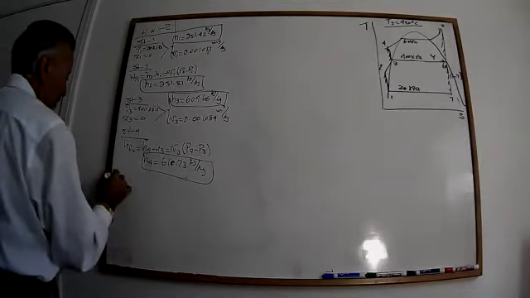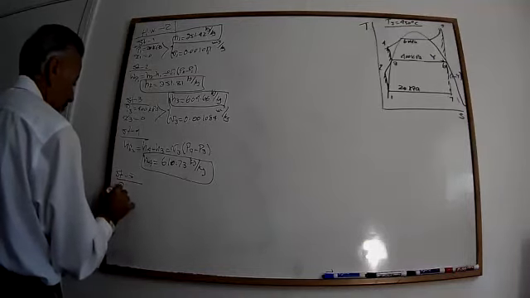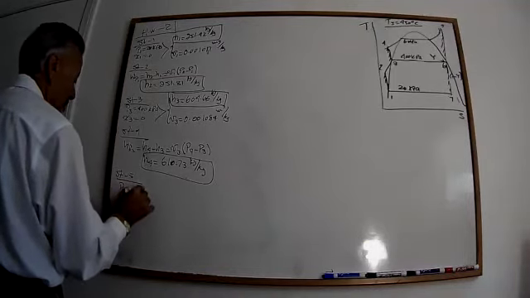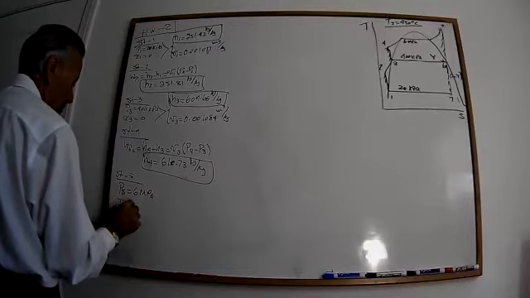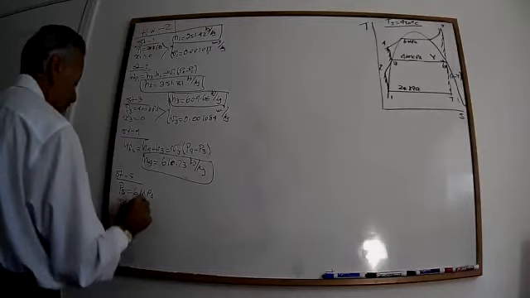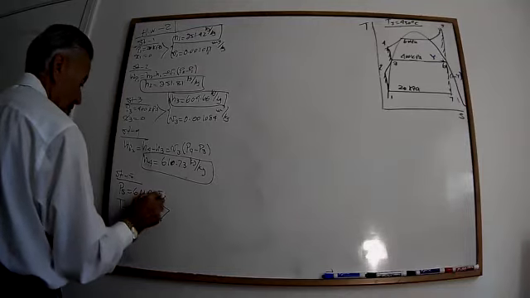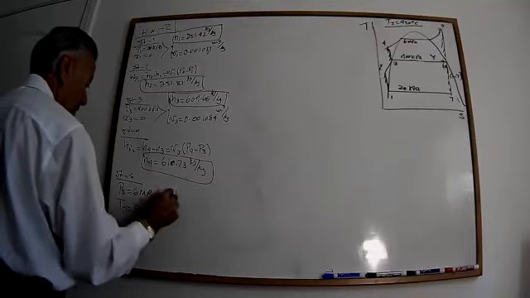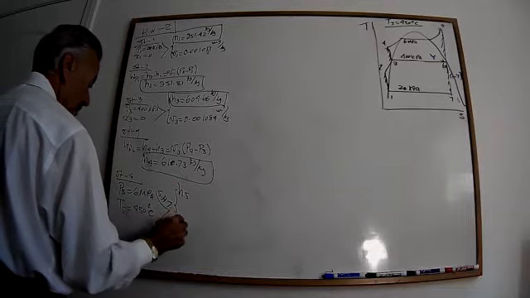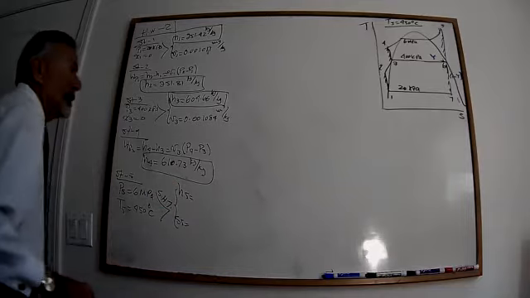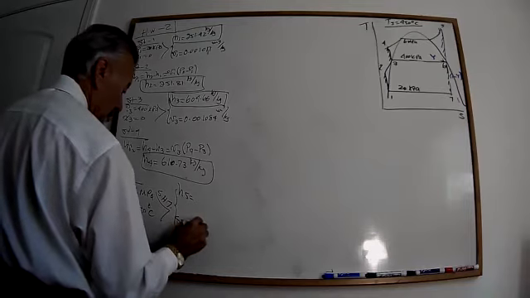Now we go to state 5. At state 5, we have P5 equal to 6 megapascal, and T5 is equal to 450 degrees Celsius. We are in the superheated table, so we find H5 and S5. Keep in mind that S5 is equal to S6 is equal to S7.